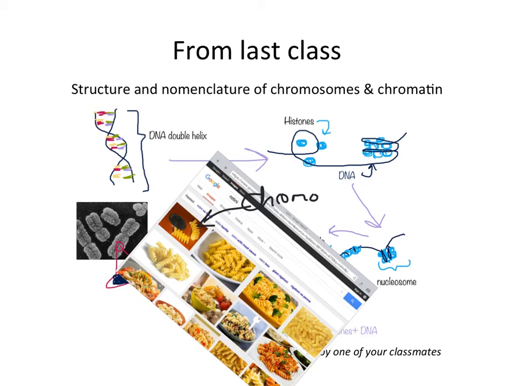So chromatin is the stuff that makes up the chromosome that we see. It's the ingredients that produce the final product. Chromatin, DNA plus protein, add them together, you get chromosome. So chromatin is a thing, it's ingredients. It's the raw material from which chromosomes are made. DNA plus protein.